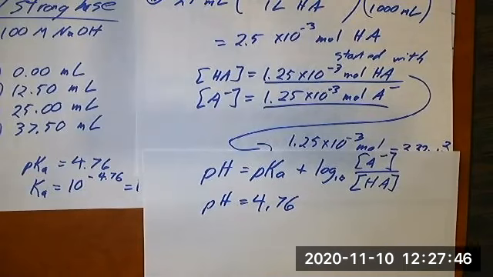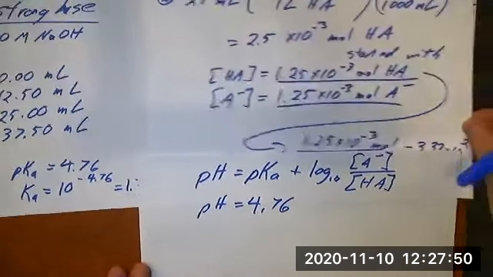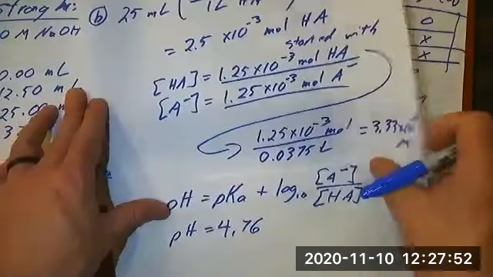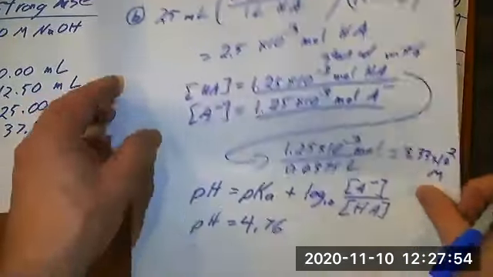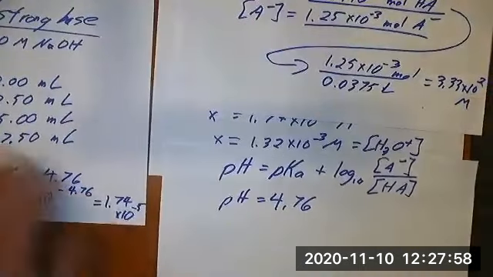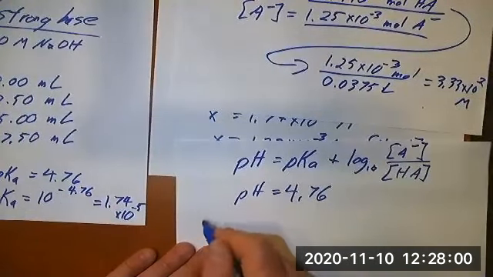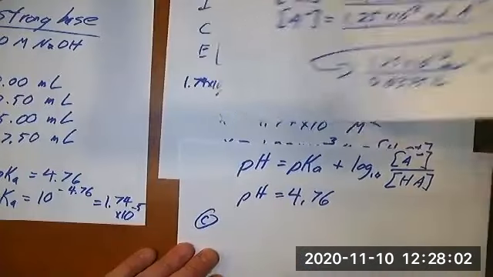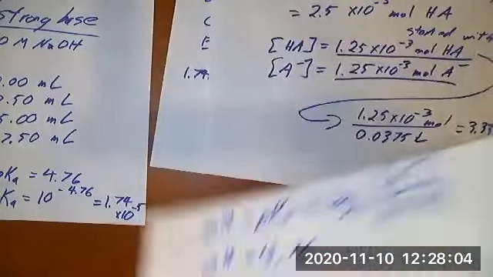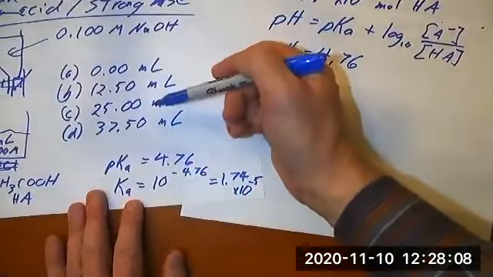Okay. So let's now take a look at C. In case C, we have an equal amount of strong base as we do of the weak acid.